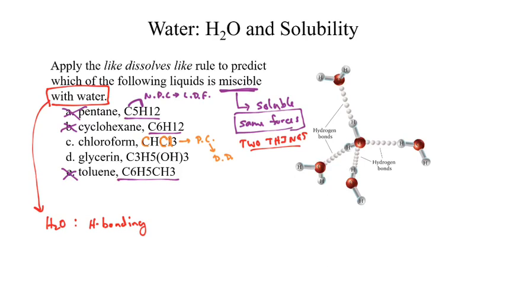Dipole-dipole isn't super similar to hydrogen bonding, but if I was given the choice between A, B, C, and E, C is the best answer. Okay, does that make sense? So note, we changed the question, the answer choices, A, B, C, and E. Okay, C is the best option to dissolve because it is the closest in intermolecular forces.